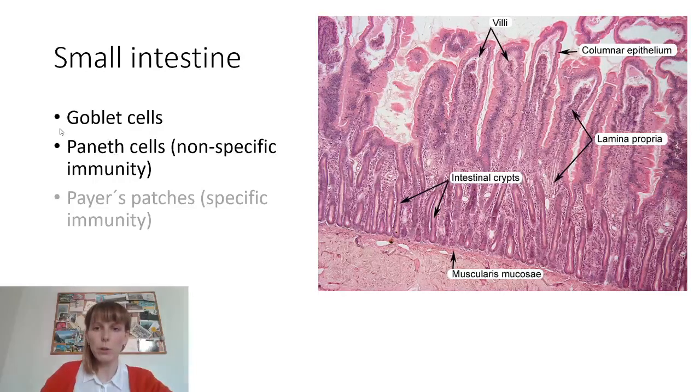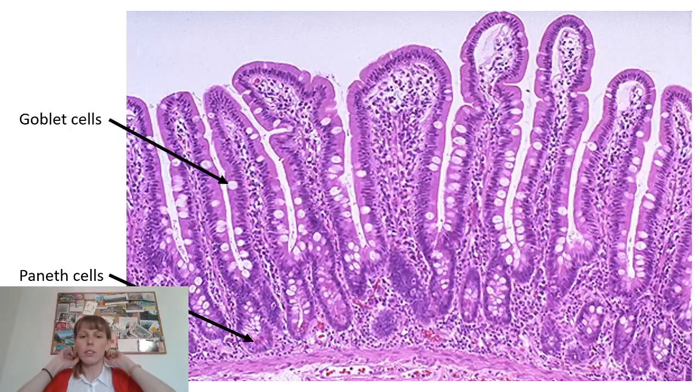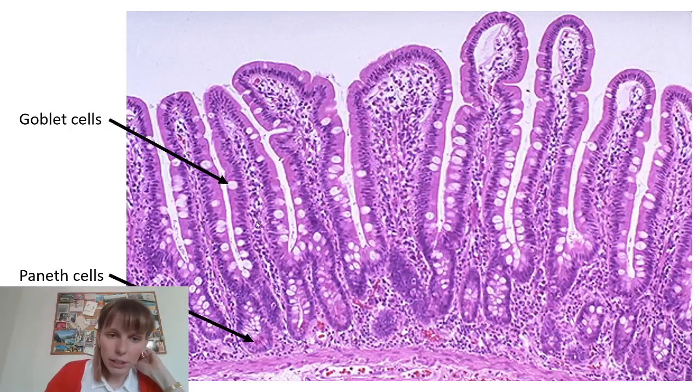The mucus will be protecting us as well. Inside the crypts, at the bottom, we have the Paneth cells, which produce lysozyme, which specifically degrades the bacterial cells that get into your intestine. We also have Peyer's patches, which are part of the specific immunity, so we will get to that later. So this is nothing very new.